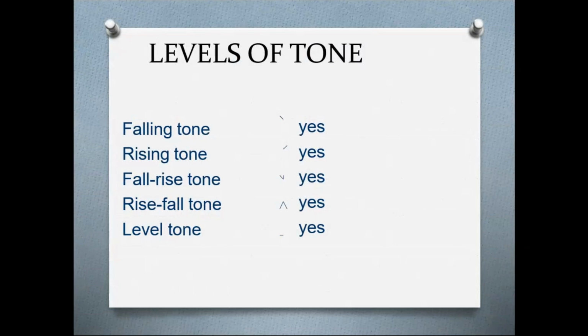We also found that there are 5 levels of tone. There are falling tone, for example, yes, rising tone, yes, fall rise tone, yes, rise fall tone, yes, and level tone, yes.